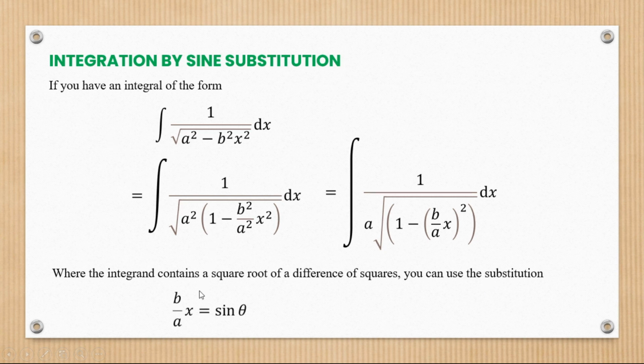So we're going to let b over a x, the value you see in brackets that has a square outside, be equal to sine theta.